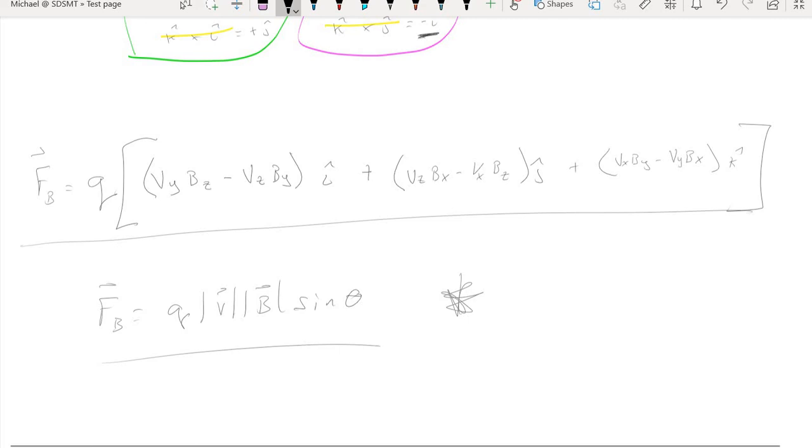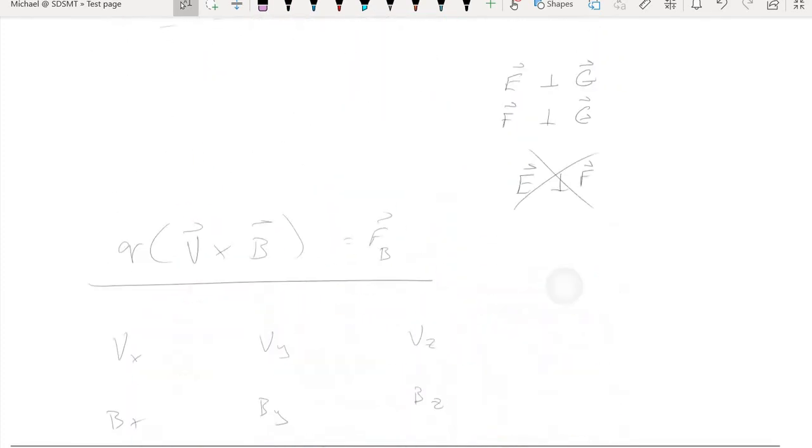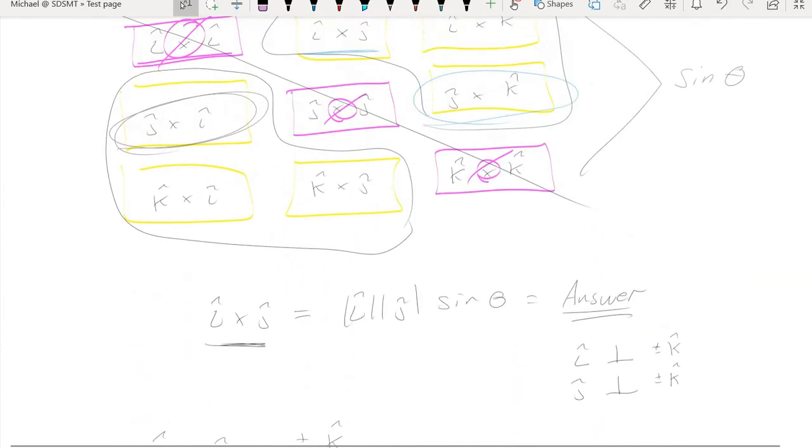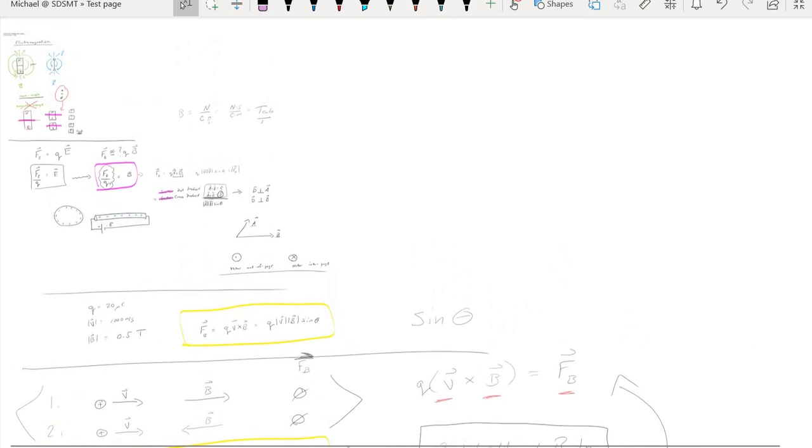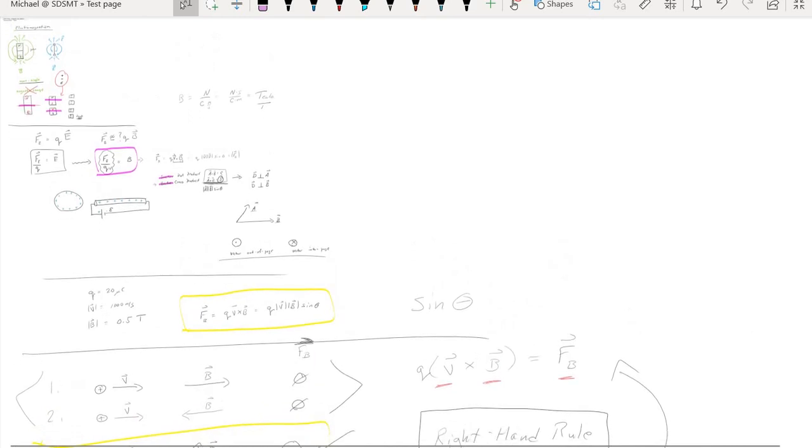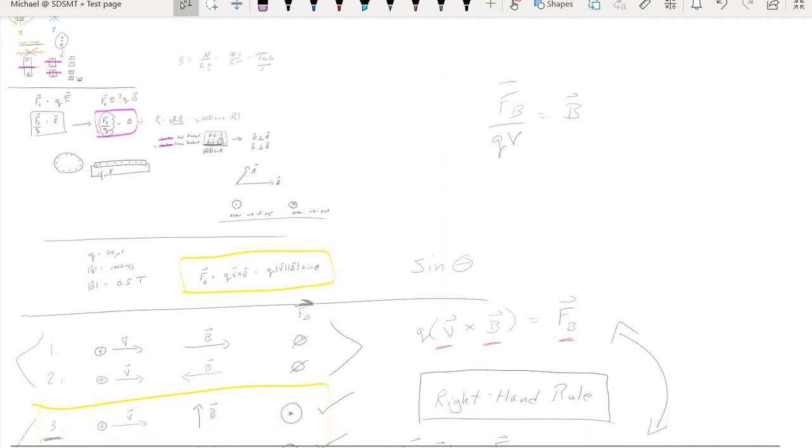All right, I'm going to call that quits for this video. So we've seen the definition of magnetic field. It's going to be the ratio of our magnetic force to the electric charge and how fast it's moving through a given system.